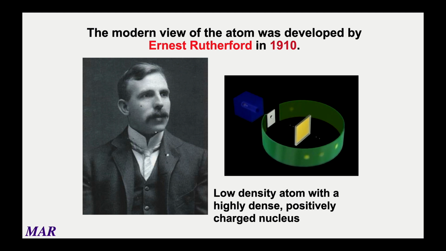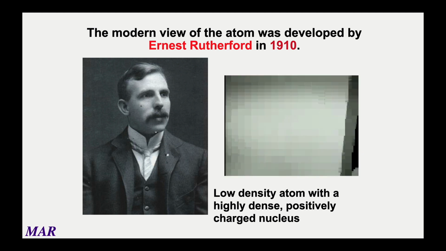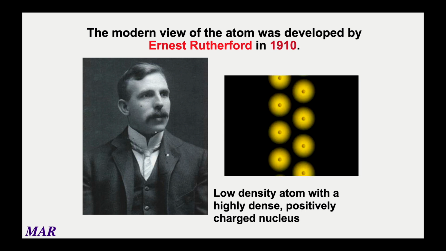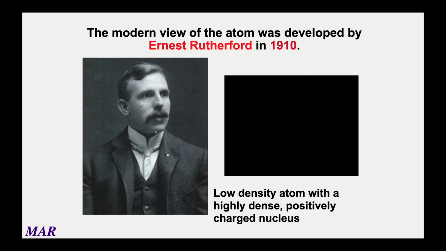This meant that they had collided with an object much more massive than the alpha particles themselves, yet so small that only a few alpha particles encountered them. This atomic level view shows what is happening. Most of the atom is occupied by the low mass electrons. The nucleus is small and massive. When an alpha particle encounters a nucleus, it is scattered at a large angle.